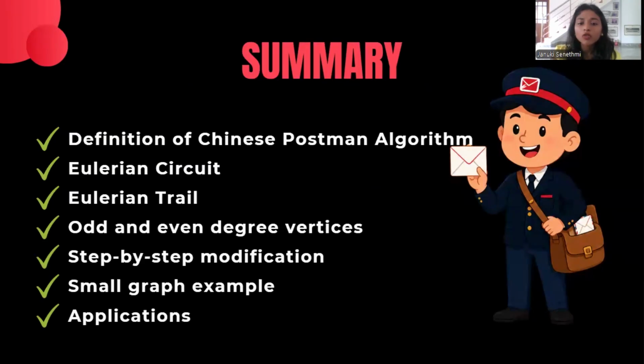We explored how the algorithm modifies a graph by duplicating the shortest path between odd vertices. Finally, we saw a complete example and discussed its operations and time complexity. I hope this video helped you understand the Chinese Postman algorithm in a simple and practical way.